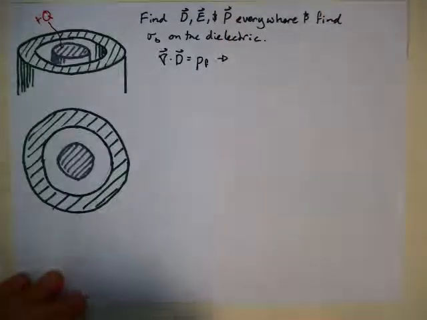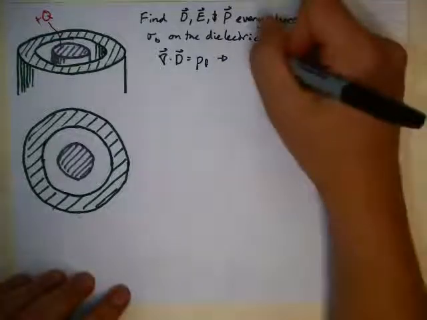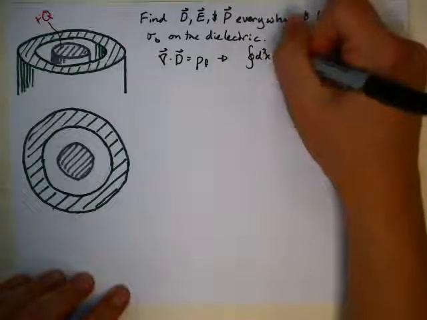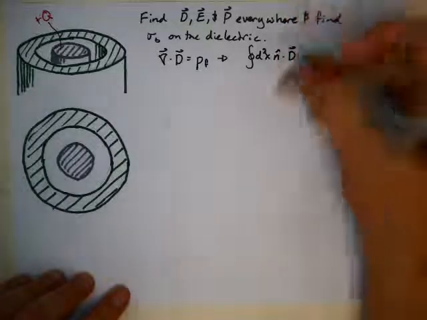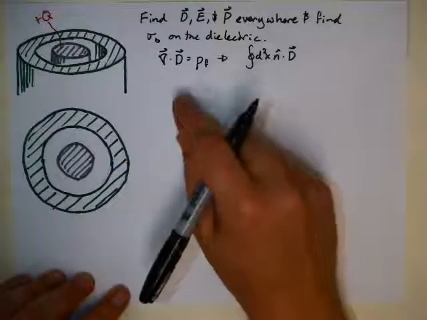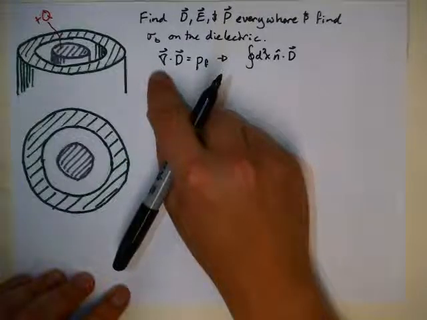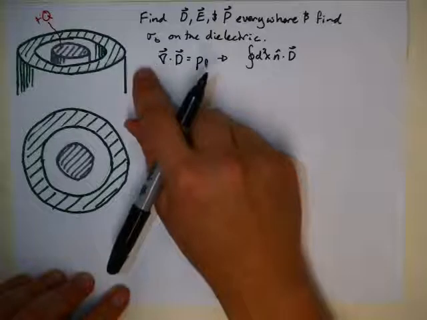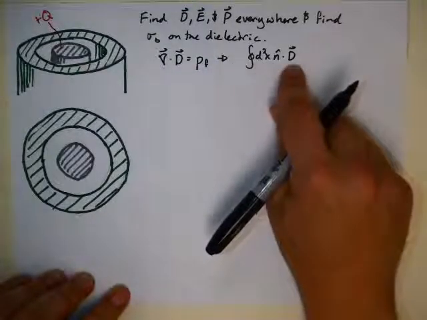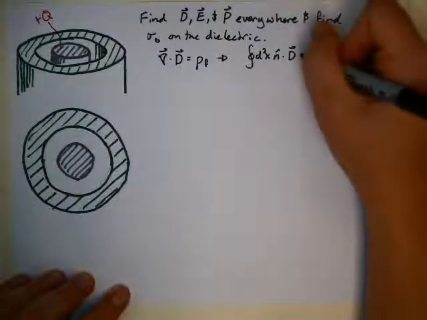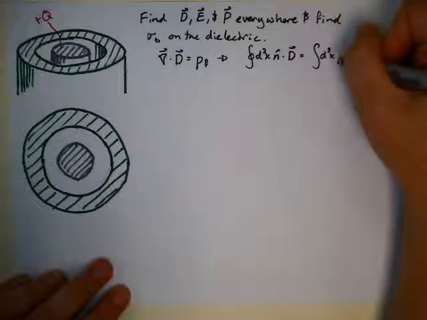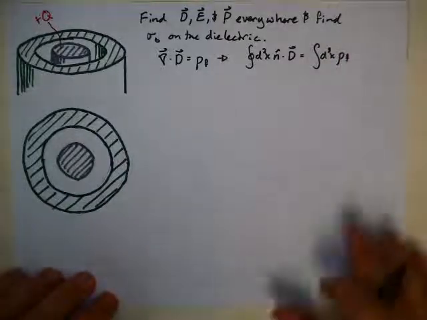We want the fundamental theorem applied to this, which is the surface integral d2x n hat dot D. If I did a volume integral of both sides, the volume integral of a divergence is the surface integral of a flux, and that's this side. And then I'm simply going to get the volume integral d3x times rho free on this side.